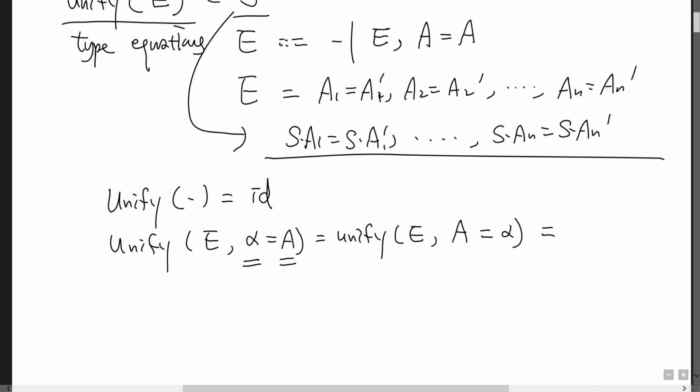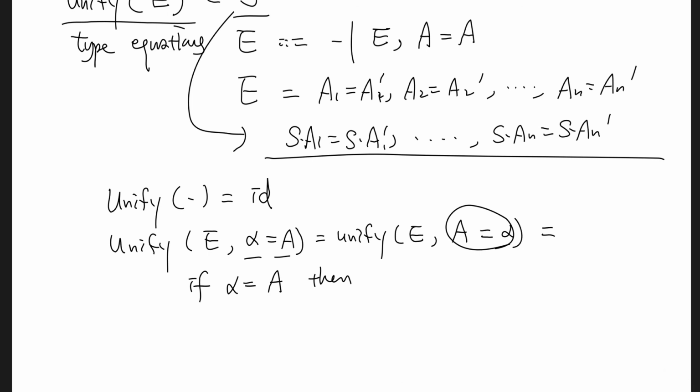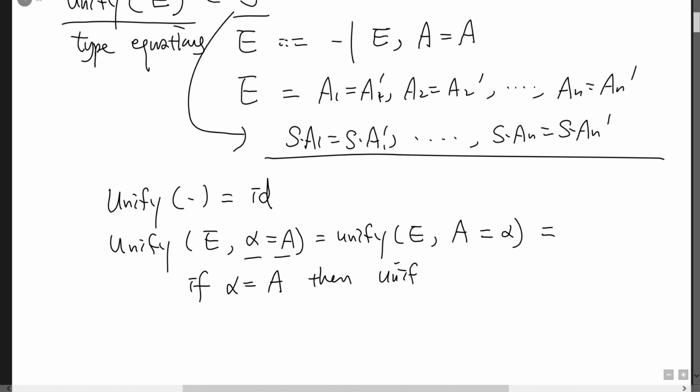So if alpha is equal to A, then we already have a valid type equation, so there's no need to further consider it. In this case, we simply proceed to unifying the remaining type equations. So we just return unify E. Here, we make a recursive call.